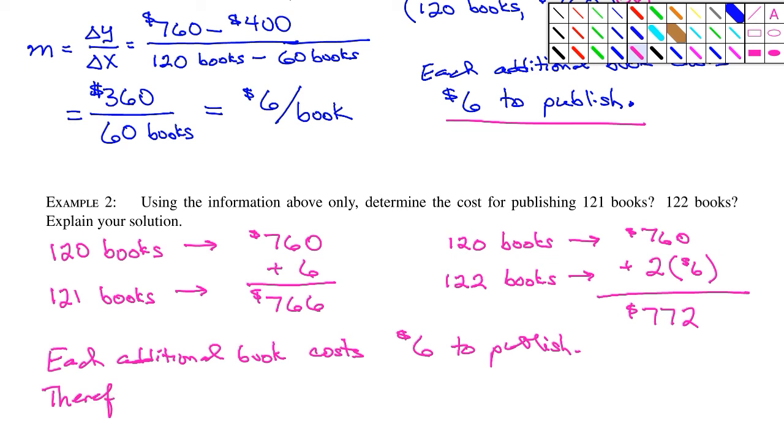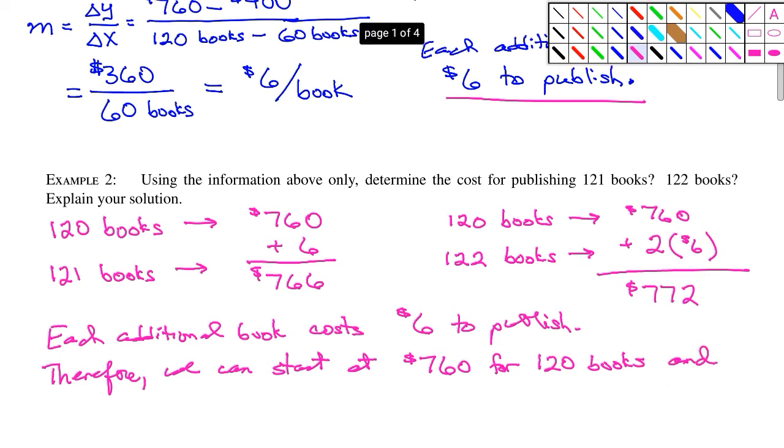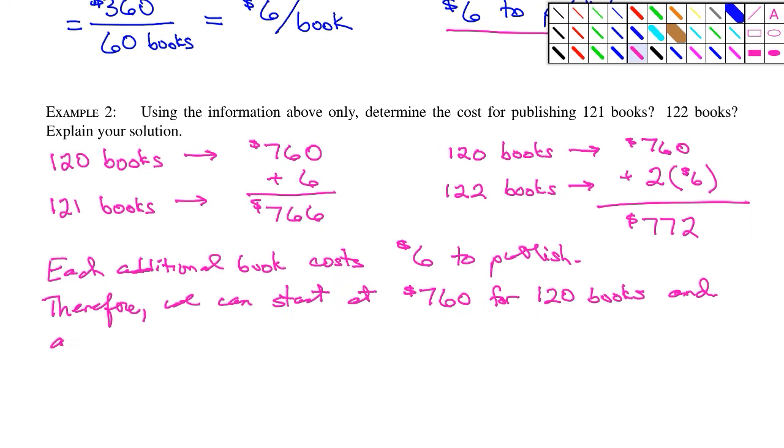Therefore, we can start at $760 for 120 books, and add in each additional book.